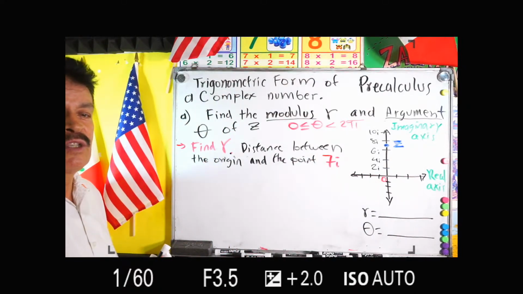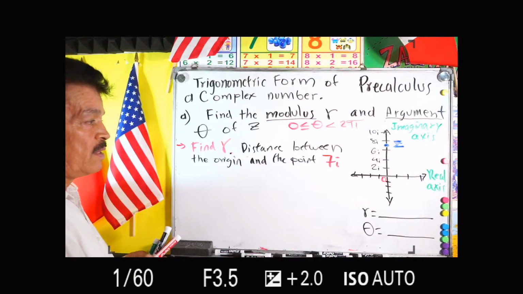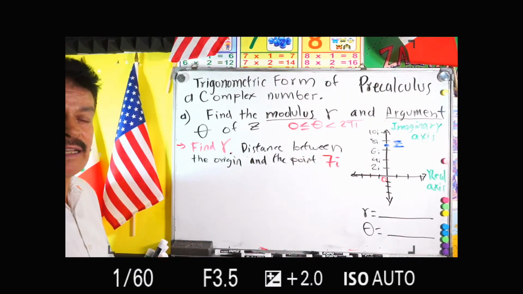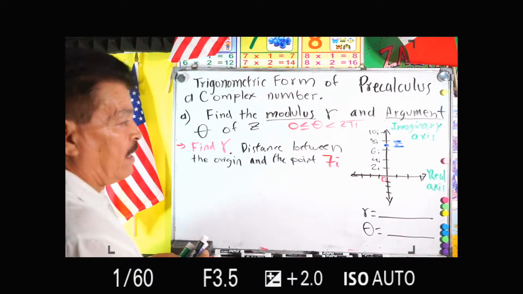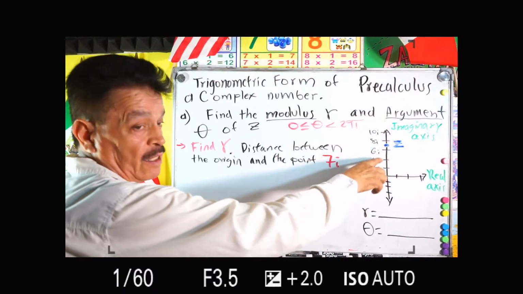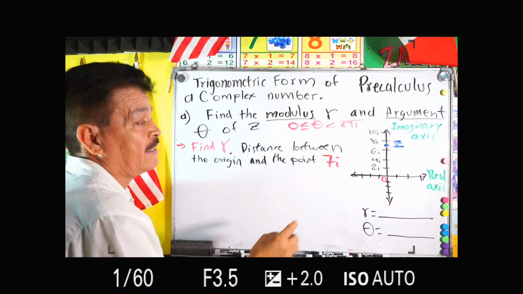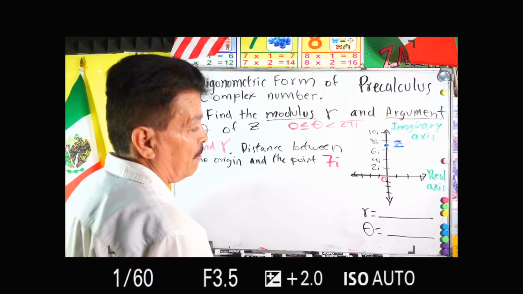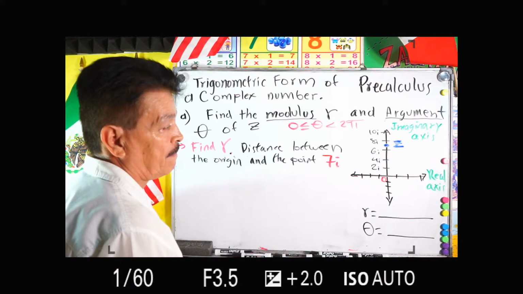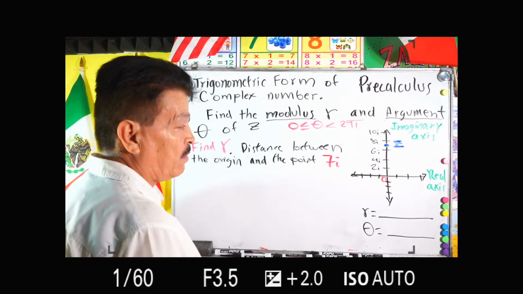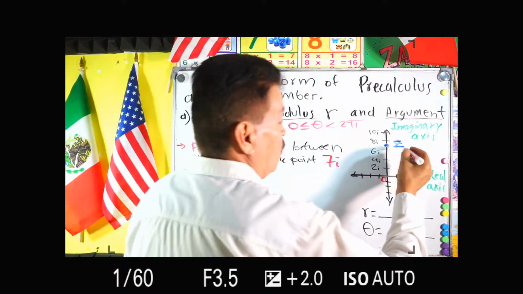Okay, so in the complex plane, of course, we are talking about the complex plane. You have the complex plane right here. So this point maybe is right there. I will write the number right here.